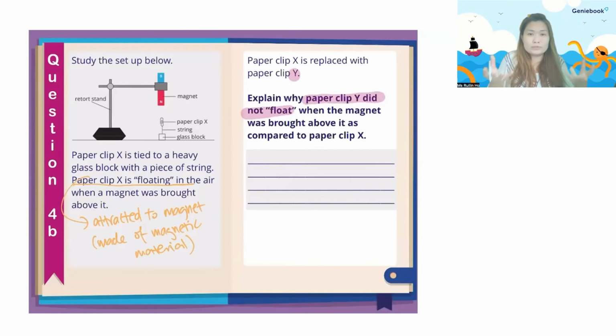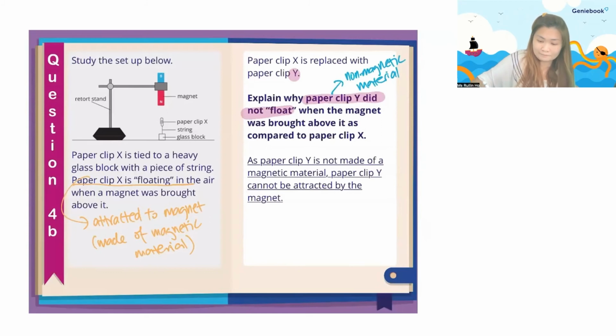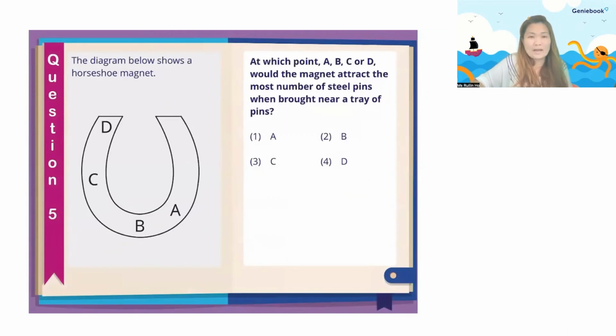So the only reason you can think of is that, most likely, paperclip Y is made of non-magnetic material, so it cannot be attracted by the magnet. Okay, this is really easy, right?